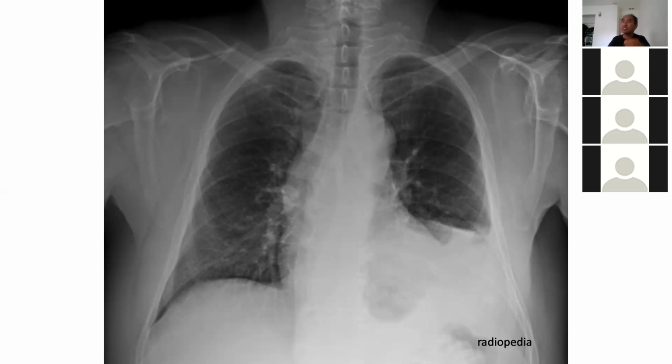Why? Because the diaphragm is one of the muscles of inspiration. So what are the other muscles of inspiration? These are the intercostal muscles, isn't it? Intercostal muscles, like external intercostal and internal intercostal muscles.